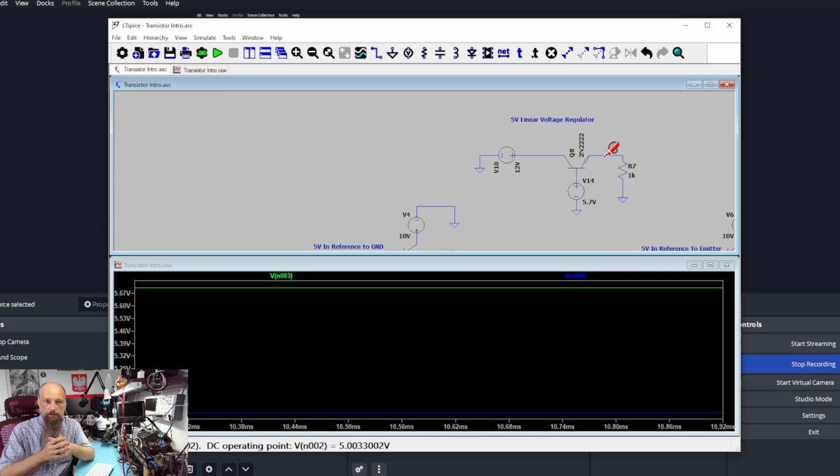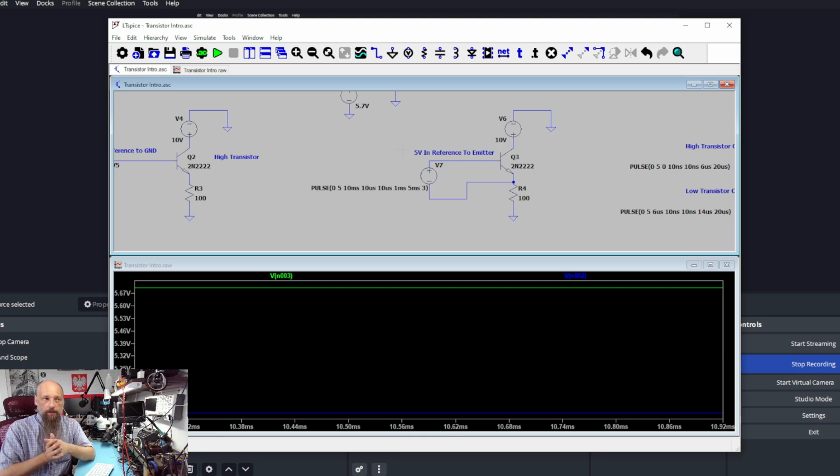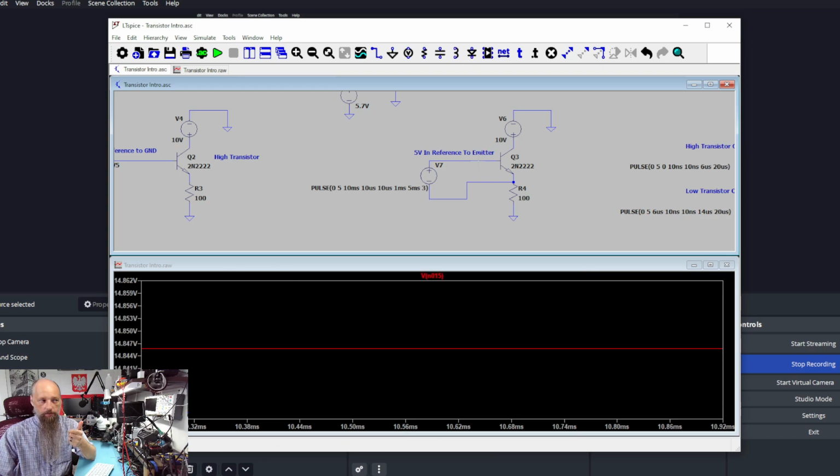Same on the transistor. Now, to solve our high side transistor issue, what we need to do is connect the negative of our source to the emitter instead of ground. That way, 5 volts over here is going to be in reference to the emitter, not in reference to ground.